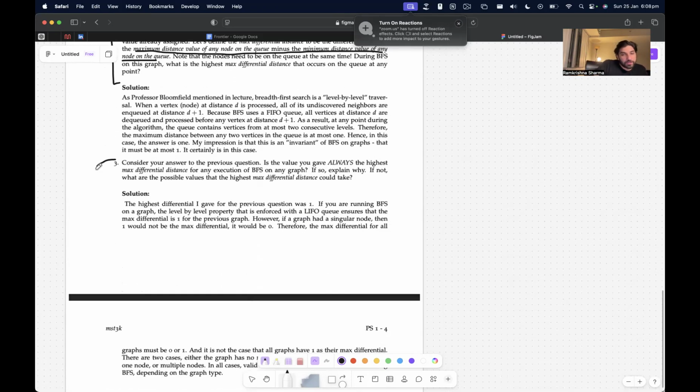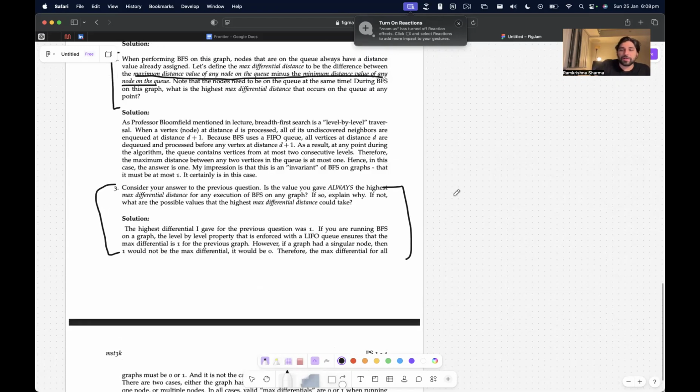There's another question that asks, if it's one, is it one for every graph? That's true, it is one for every graph, but consider the case where you have only one node. You put that in a queue and process its neighbors; it's distance zero from itself.